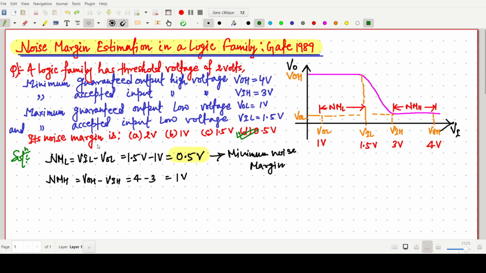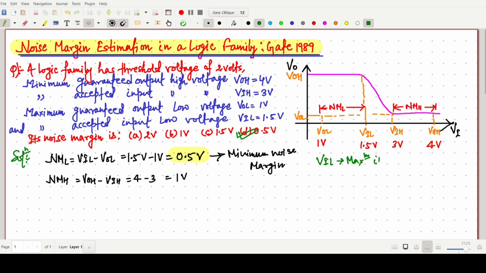That's why this one is VIH. VIH is the minimum acceptable input, that will give a logic zero output or low output. And VIL again.